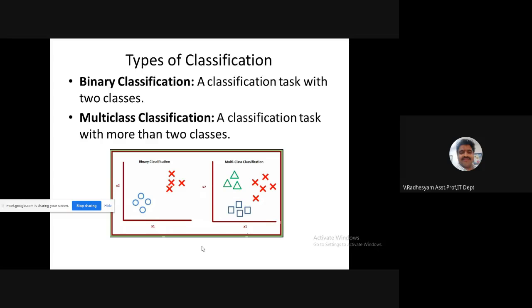As you are aware, classification is an important task in machine learning. As far as table data is concerned, we need to classify each and every row as belonging to which class.